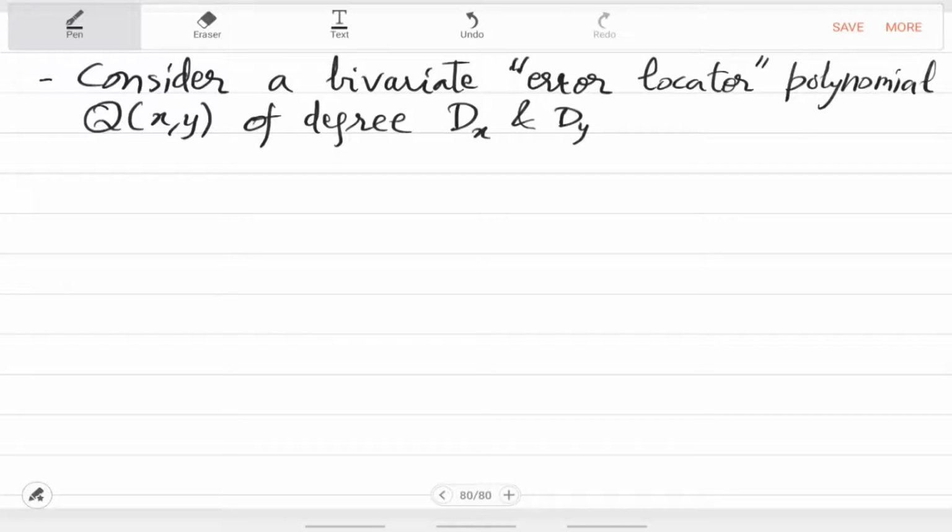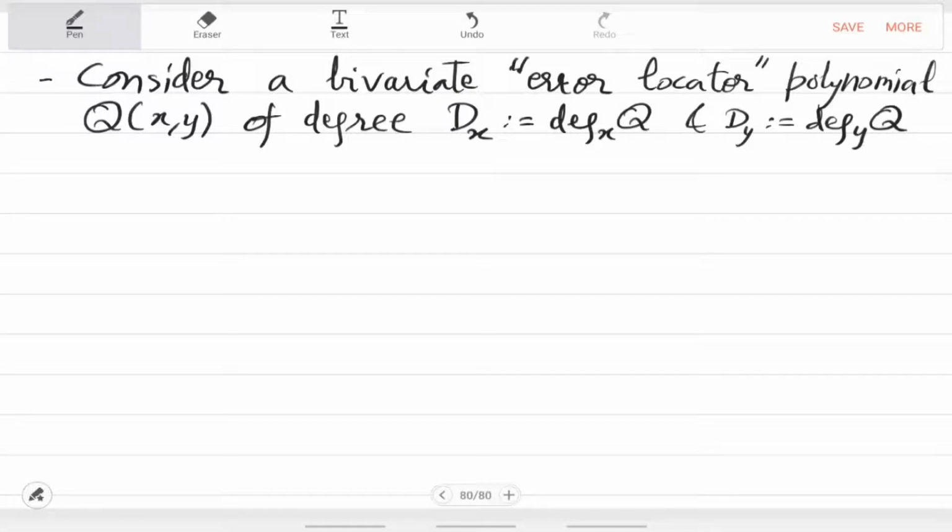These are the individual degrees. So, let me define it. So, dx is the degree of Q with respect to x and dy is the degree of Q with respect to y. Okay, so, we call these individual degrees.